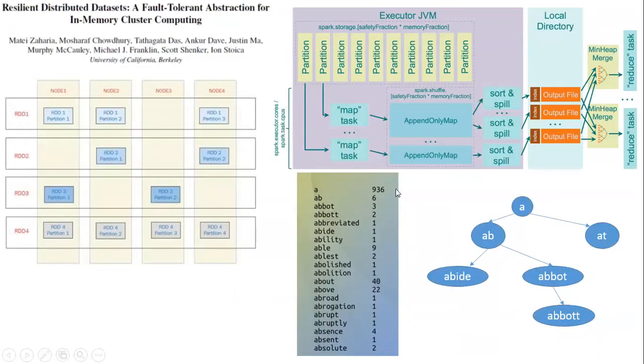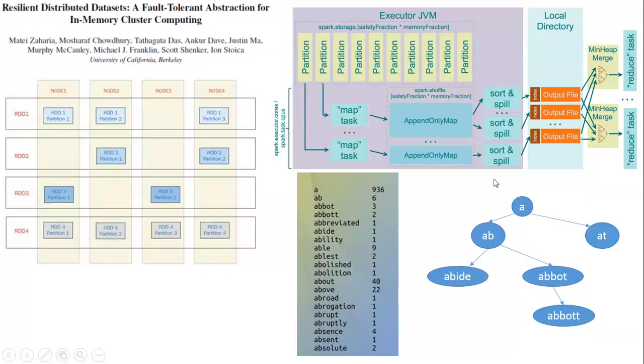I'm giving you an example here. Let's say you're doing word count, and the first set of results look like this. The letter A appeared 936 times, AB appears 6 times, and so on. What this is, is a binary heap. It can be ordered by either the keys or the values.